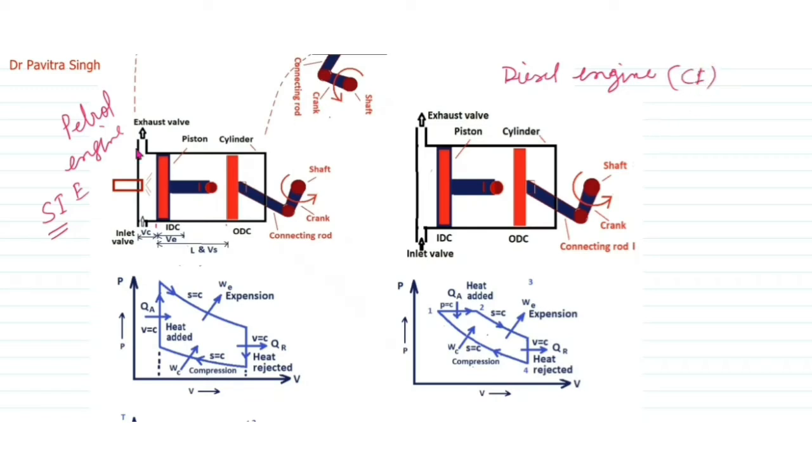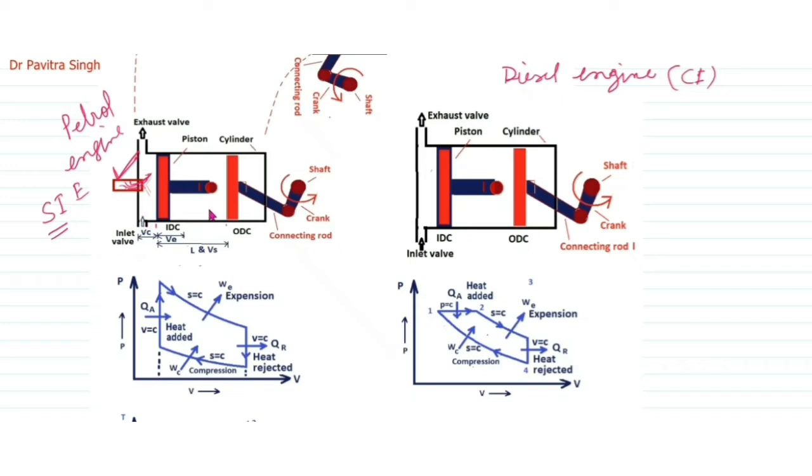In case of a petrol engine, a carburetor is required. This is the carburetor. The carburetor is required to mix the air and fuel in a proper ratio, and this is the spark plug, to provide the sparking. The carburetor is another device which mixes the fuel and the air in proper ratio.